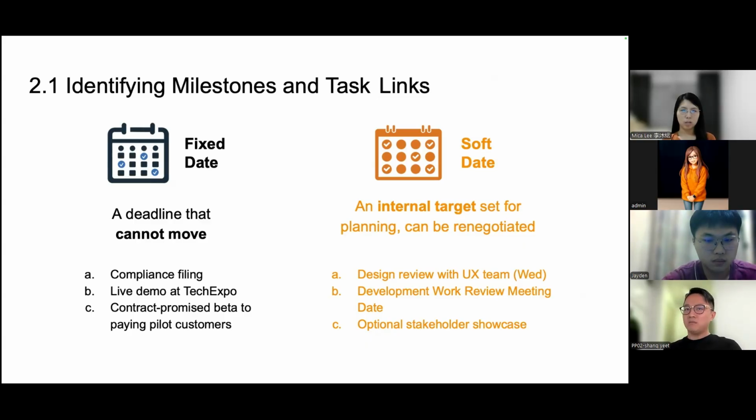Because things like an expo will not do a second round for you if you missed it. Hence, these are the timelines, the dates, that you have no choice but to respect. Okay, so other than fixed dates, another thing you have to deal with in this project is soft dates. But soft dates are more of an internal thing. It's something that can be adjusted, but you still must be able to set up these dates so that you can measure your performance.